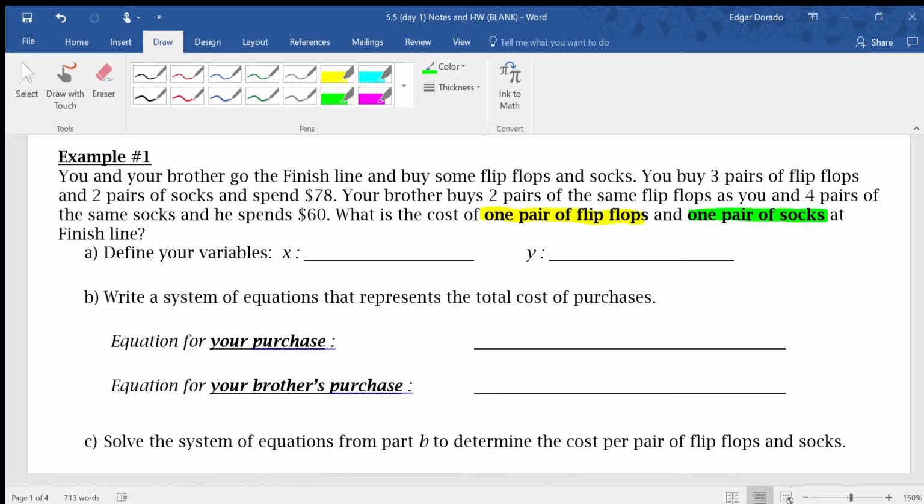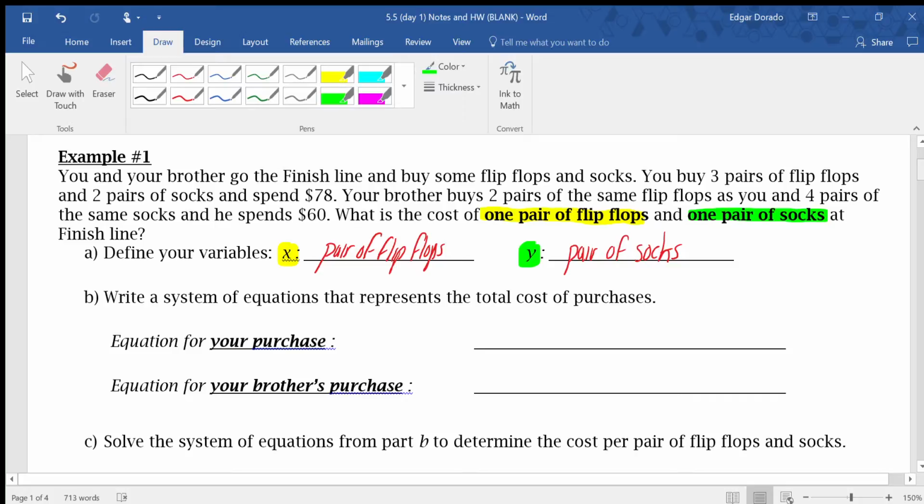As you can probably figure out from the problem, x will be a pair of flip-flops, and we'll call y a pair of socks. So x is my yellow, y is my green. Those are our two variables, and if you reread the problem, that's really what we're talking about: buying flip-flops and socks.